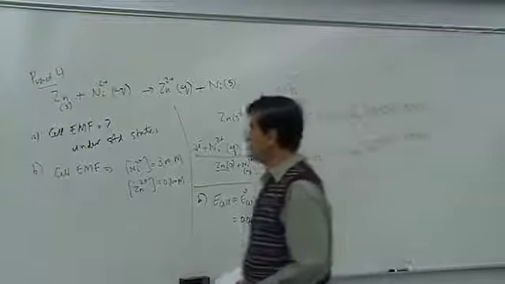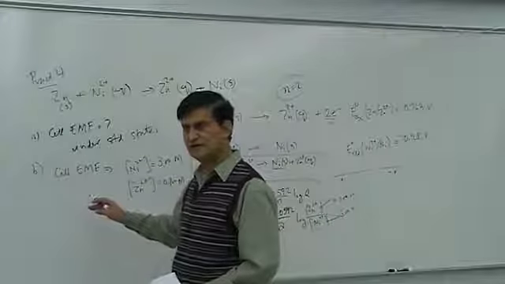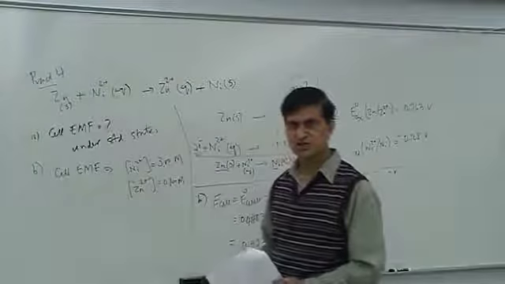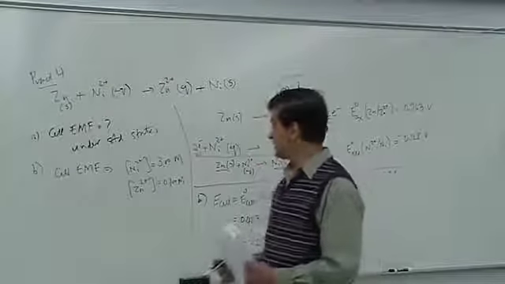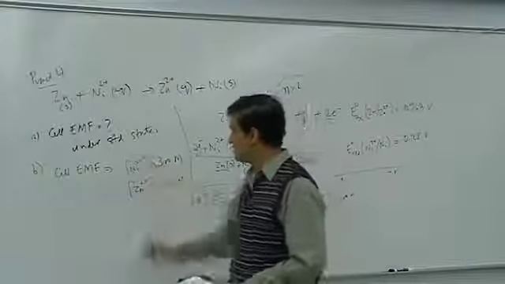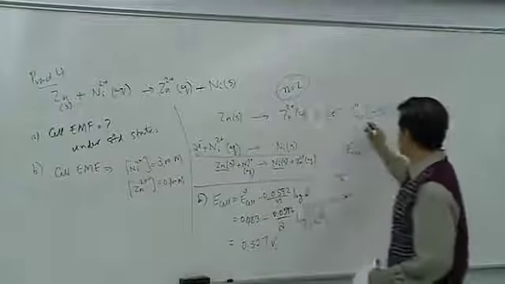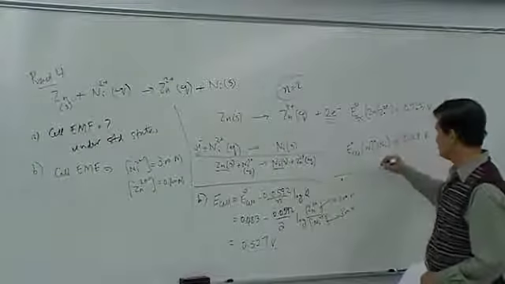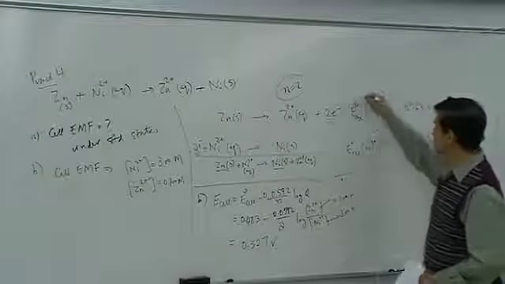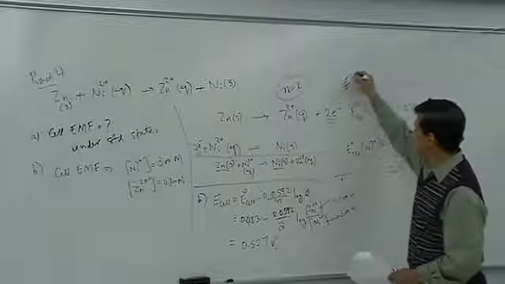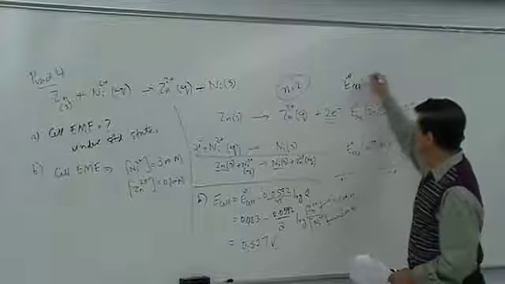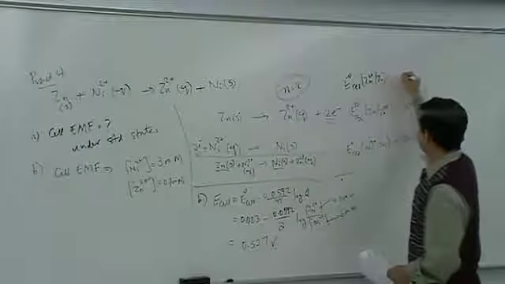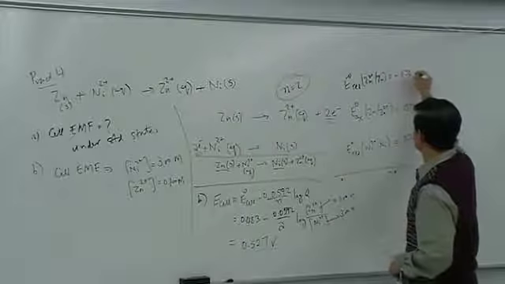So make sure you know both ways of doing this kind of calculation. So the first step is you split the reaction into 2 half reactions, then balance it, and then do the standard EMF calculation from oxidation value as well as reduction value that you get from the back of the book. I just want to caution you, the back of the book has this value, E0 reduction, zinc 2 plus becomes zinc, and that value is minus 0.763.